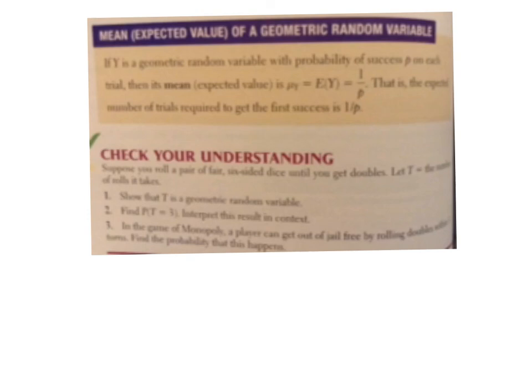Basically what I'm looking for here is the probability that T is less than or equal to 3, so in 3 or fewer rolls, I will have a success. I can just plug that into my calculator, or I could calculate the probability of y equals 1 plus y equals 2 plus y equals 3.